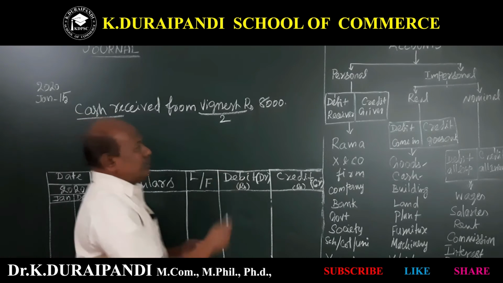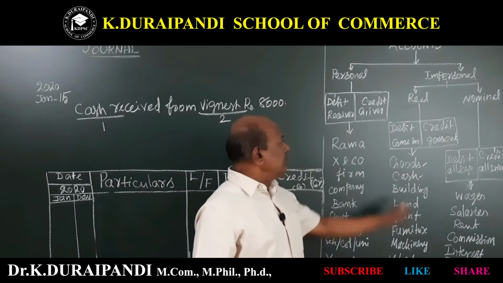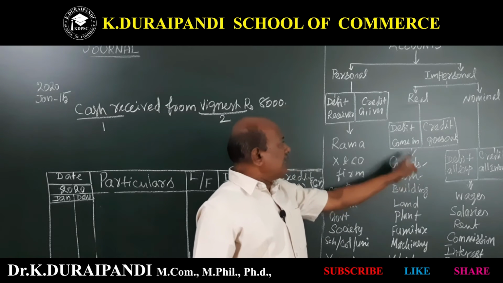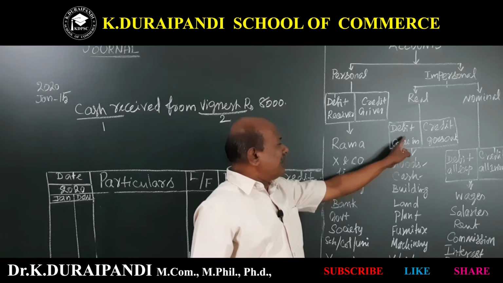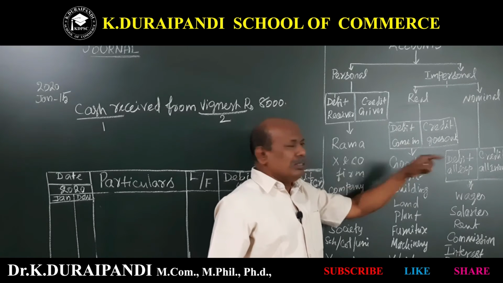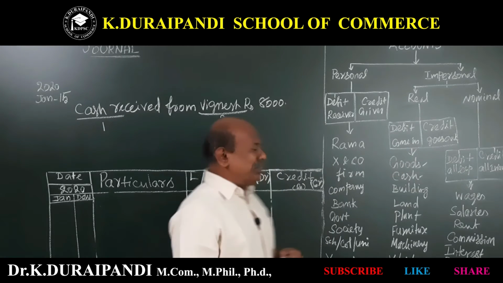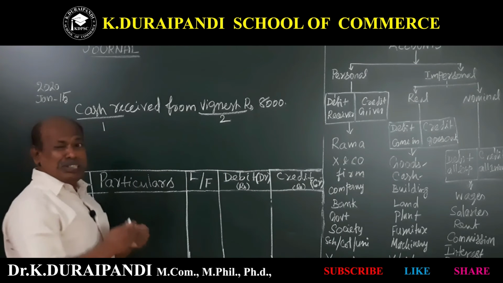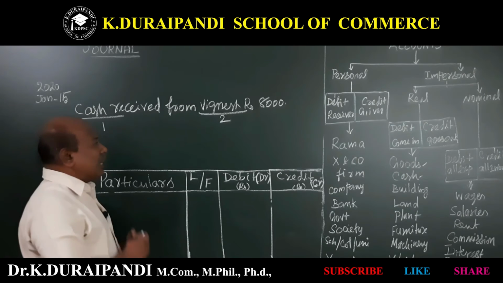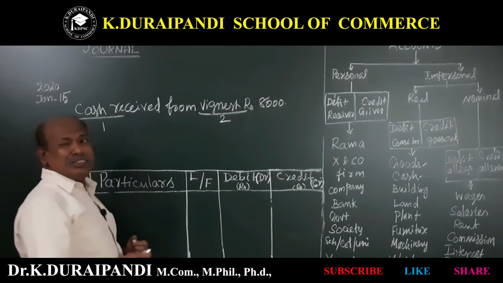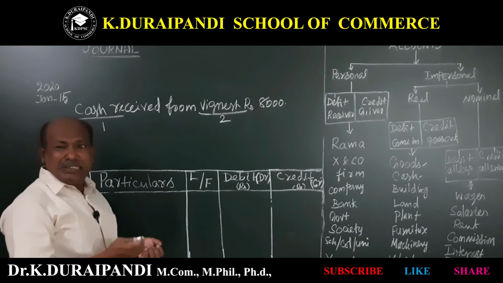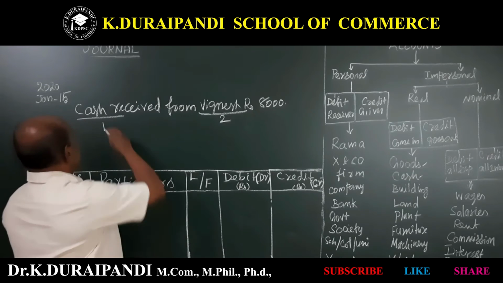Cash is a real account. So according to the real account rule, debit what comes in, credit what goes out. We, our business concern, received the cash from Vignesh. So cash comes into the business.